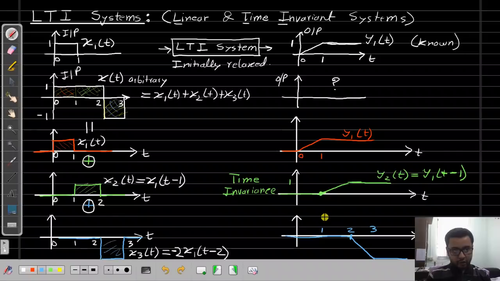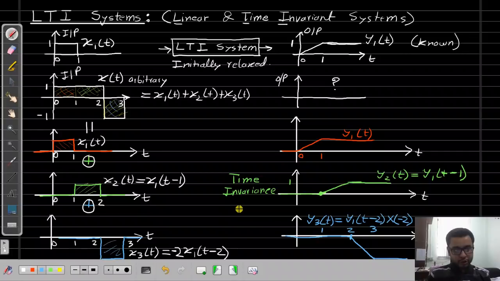If I call this y3(t), then this is equal to y1(t minus 2), delayed by 2 units and then multiplied by minus 2 because of the minus 2 here.